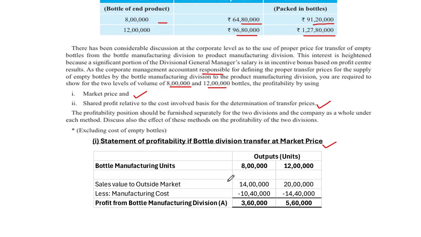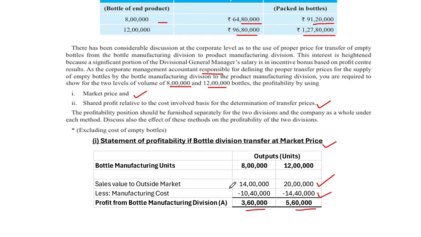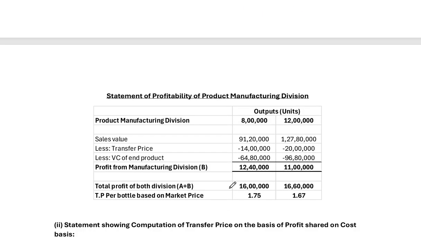So profit for 8 lakh units is 3 lakh 60,000. For 12 lakh units, sales value is 20 lakhs and manufacturing cost is 14 lakh 40,000. So overall profit from 12 lakh units will be 5 lakh 60,000.